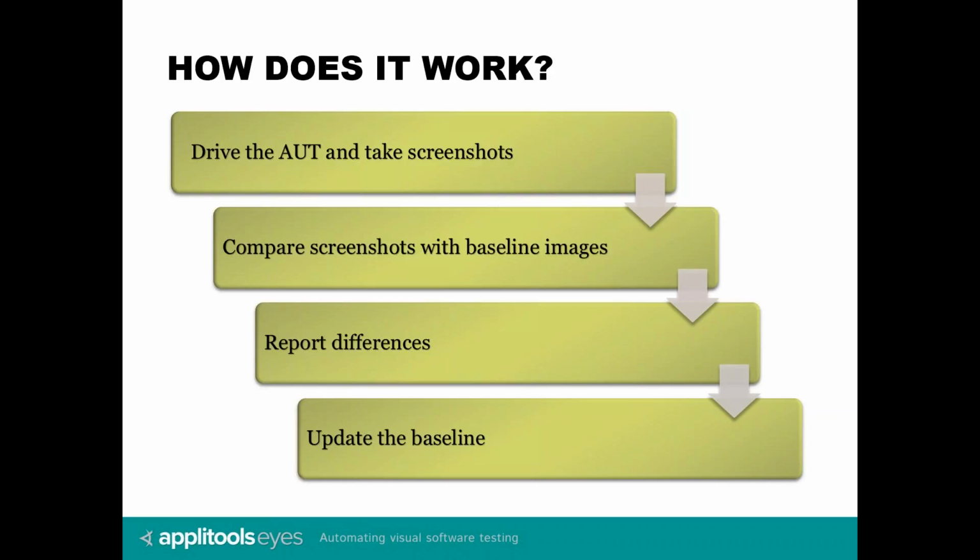Now, of course, the first time you run a test, you still don't have baseline images for it. So the first run sets the baseline images, and starting from the second run onwards, you always have baseline images to compare against and screenshots to approve.